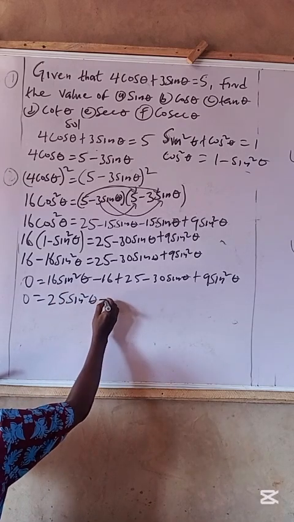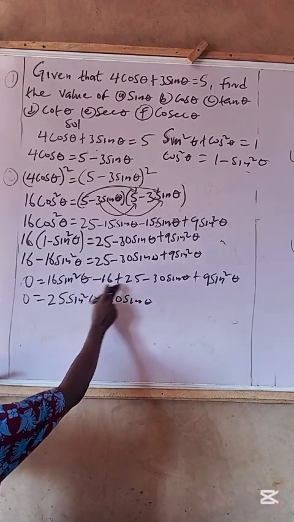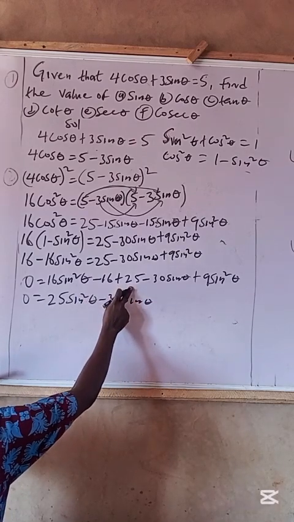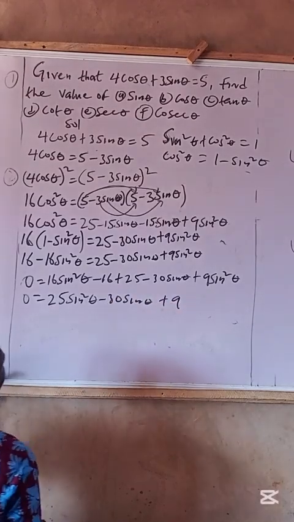Then minus 30 sin theta, minus 30 sin theta, that's minus 60 sin theta, plus 9.